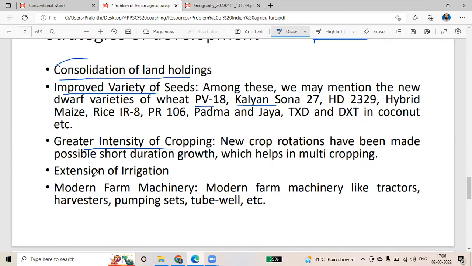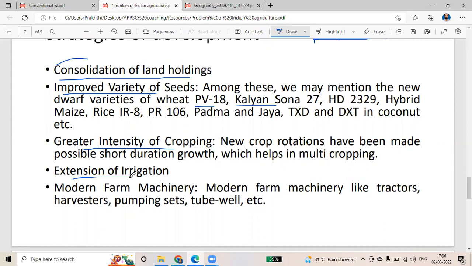Then, extension of irrigation. To increase intensity of cropping, one of the important things is the extension of irrigation. If we depend on rain, we depend on the monsoon, like the southwest monsoon and the northeast monsoon, so multiple cropping is very difficult.